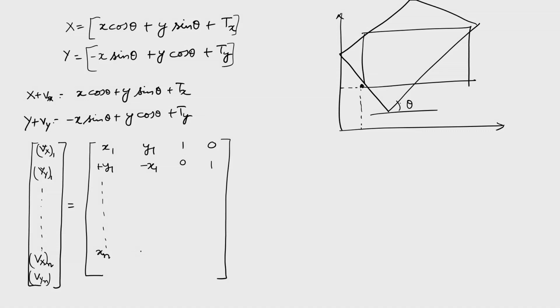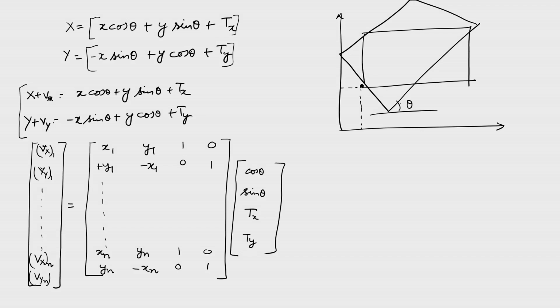Then x n, y n, 1, 0, and y n, minus x n, 0, 1, and here the unknown parameters cos theta, sin theta, T x, T y. Try to check whether you are getting n number of equations which are written by repeating these. So, this is the matrix arrangement.